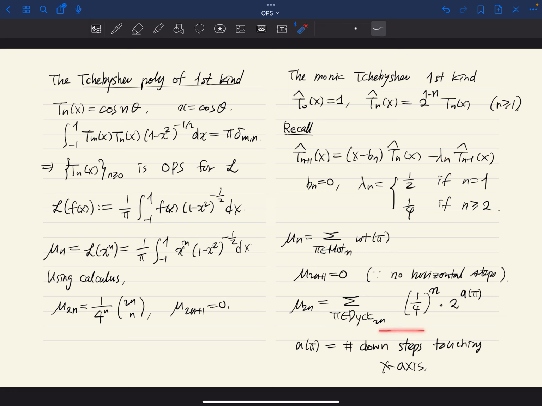So let me explain a little more about that. For example, let's consider a path like this. If pi is this, what is a of pi? Number of down steps touching the x-axis. So this, and this. So it's going to be 3.